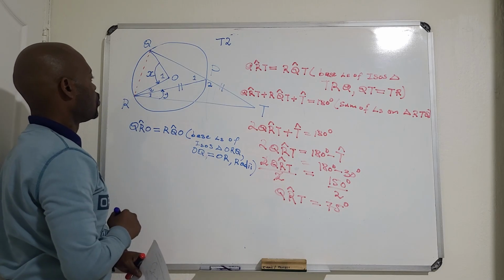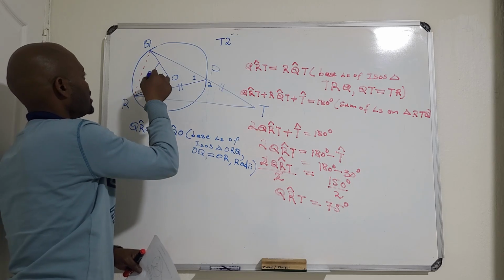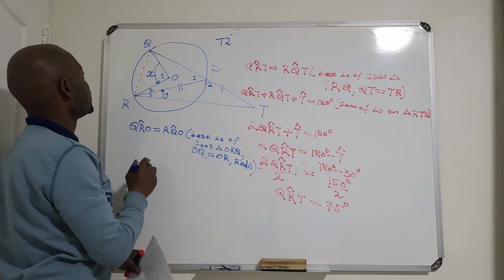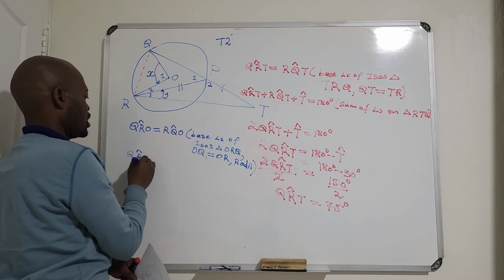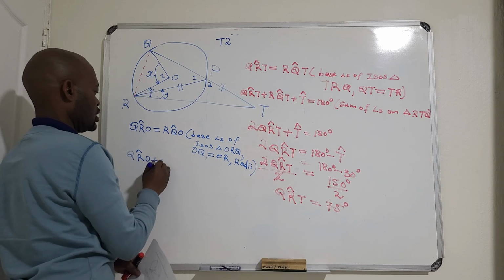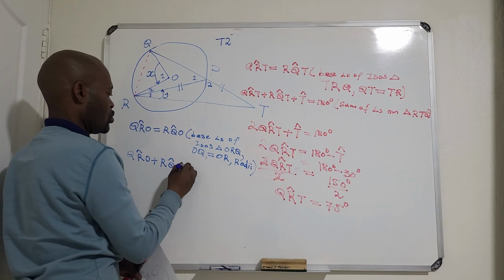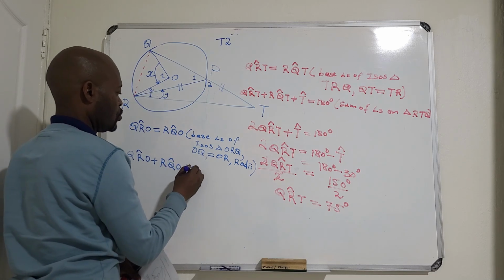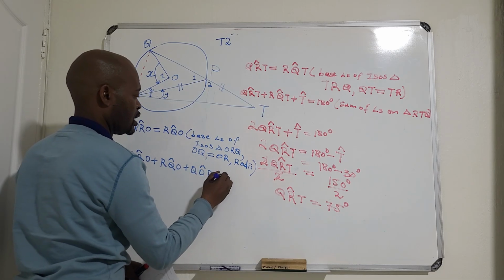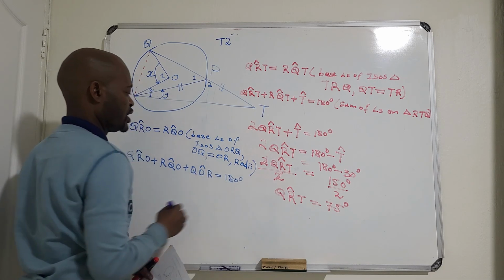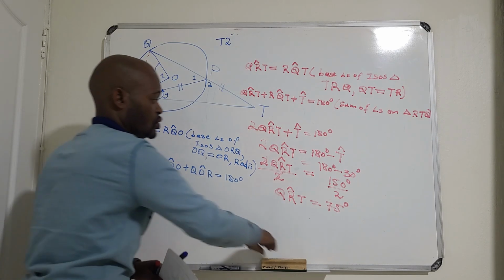Now, we know that we can add this plus that to get 180 degrees. Now, angle QRO plus angle RQO plus angle QOR equals 180 degrees. Why is that? I'd like to erase here.